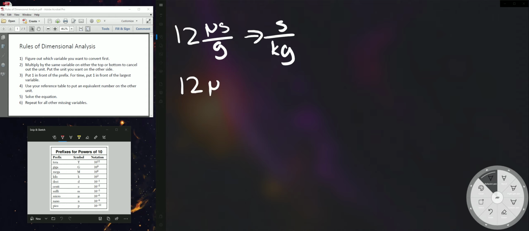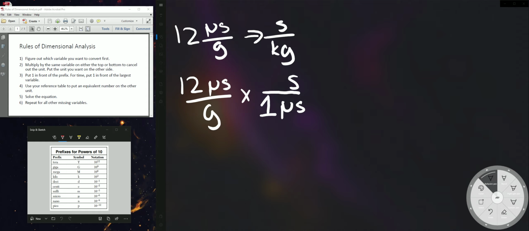So I write out my unit. Now I want to get rid of the microseconds, so we're going to multiply by microseconds on the bottom, and put the unit we want on the other side, which is seconds. Step 3: we want 1 in front of the prefix.